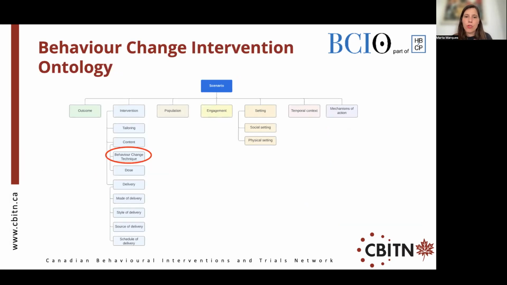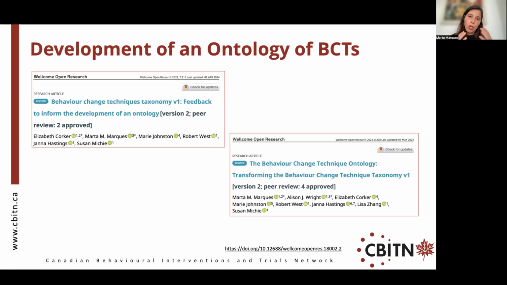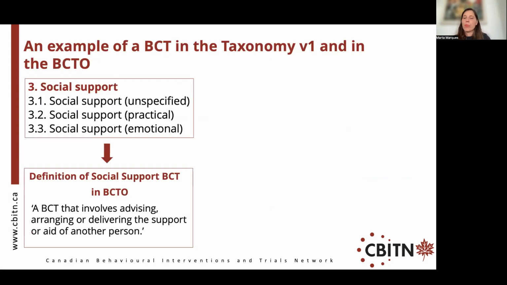What I just wanted to draw your attention to is that as we are developing ontologies for each aspect of the intervention, we also developed an ontology for behavior change techniques. If you go into these papers, you will see in the first paper the rationale for why and how we did that, and in the second paper the description of the new ontology. But I'll just provide a very brief example.